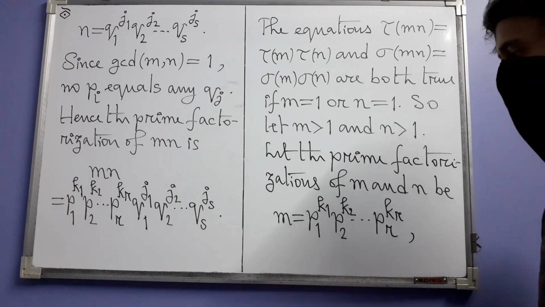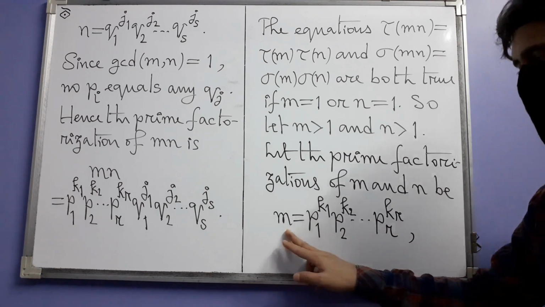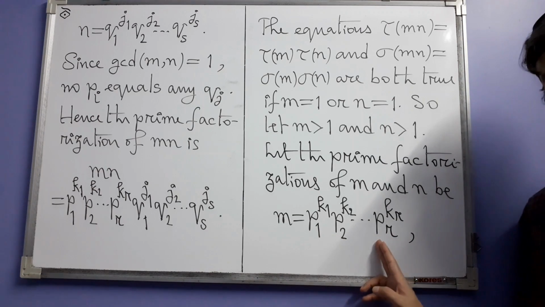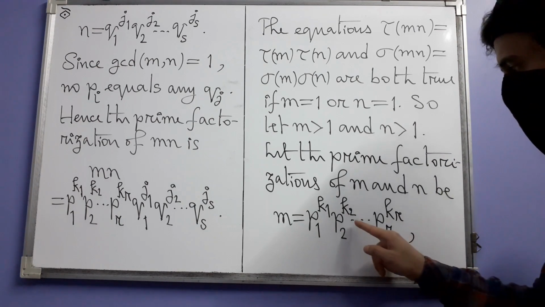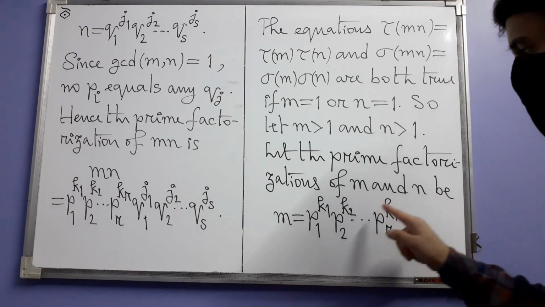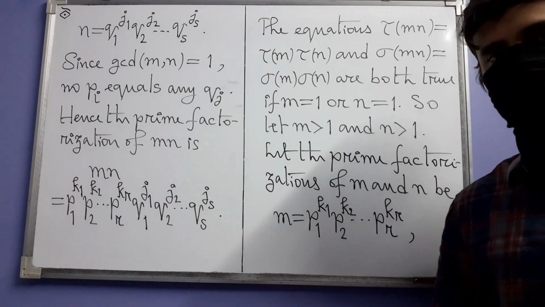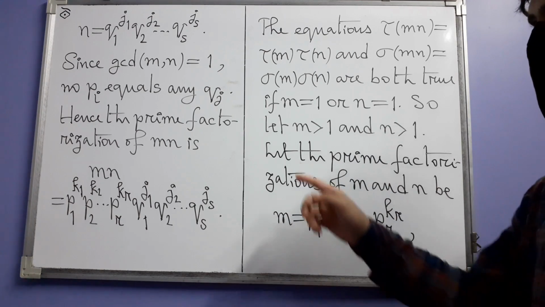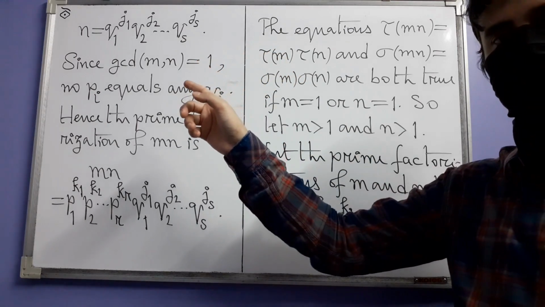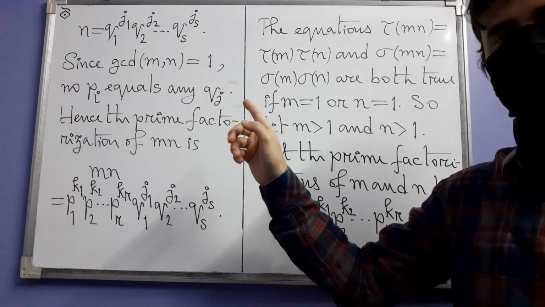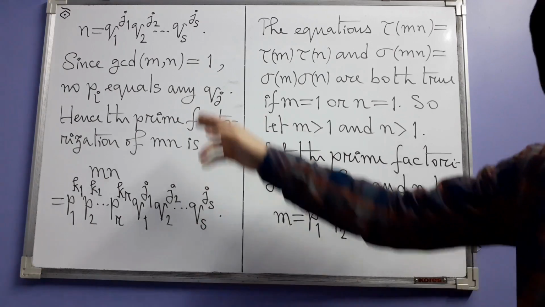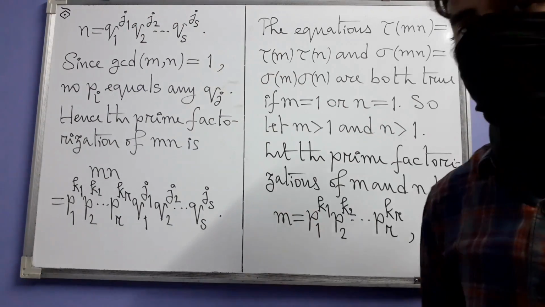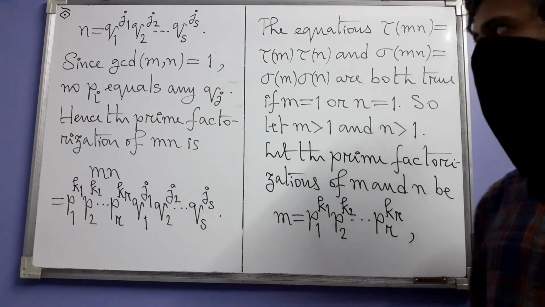You already know this thing. So let the prime factorization of m be this, where we have these primes, the p_i's, and the positive integer exponents, the k_i's. Similarly, we have a prime factorization for n, where the primes are the q_j's, and we have these positive integer exponents.